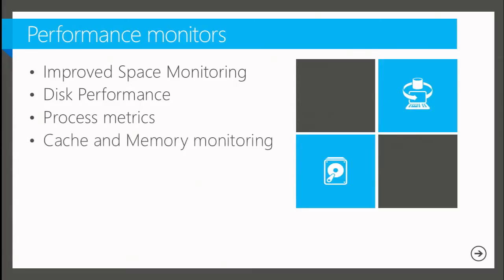And of course, we added some monitors to care about memory, which is really new for SQL Server MP. We haven't known it before, and right now we have some monitors which allow you to understand how we're using cache, how efficiently we use cache, and how we use memory.